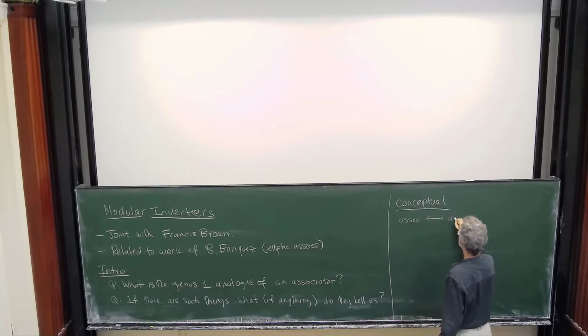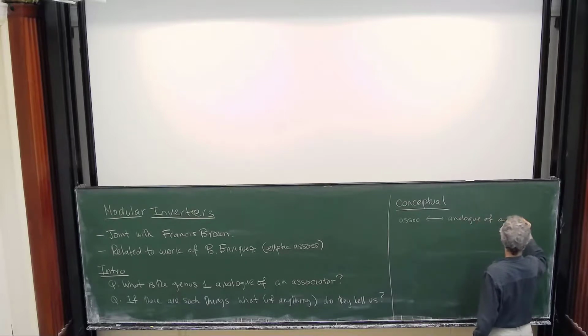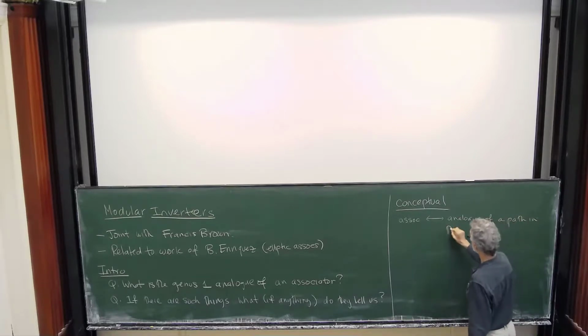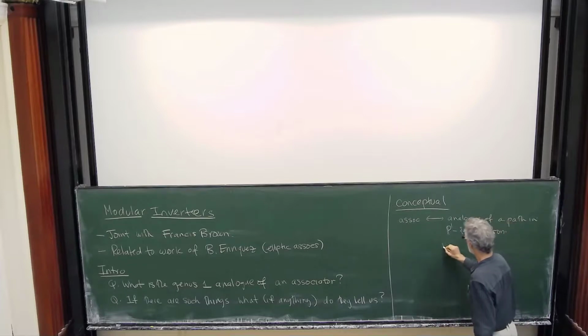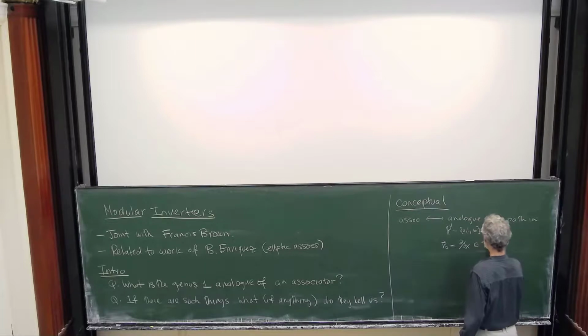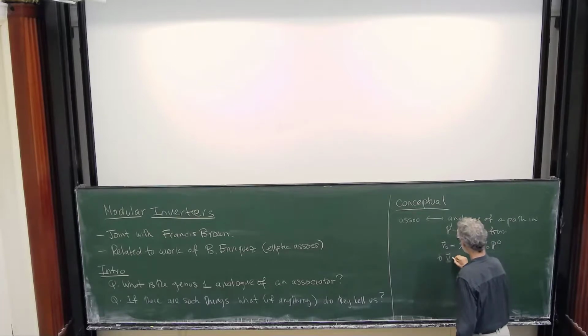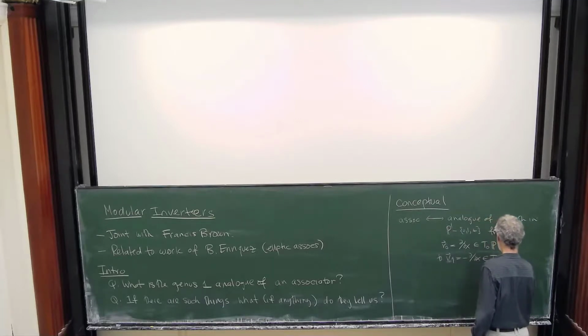It's some sort of analog of a path in P1 minus 0, 1 and infinity from, I'll call it, say, V0, which is equal to d/dx inside the tangent space of 0 of P1, to, say, V1 equal to minus d/dx inside the tangent space of 1 of P1.